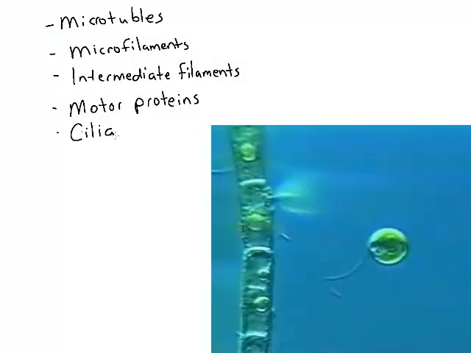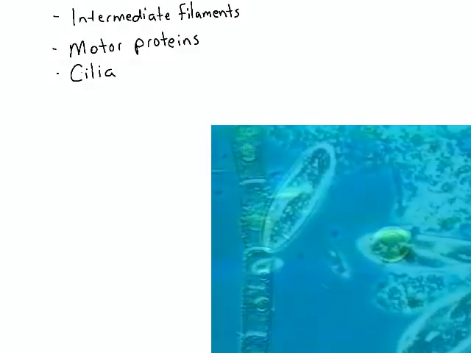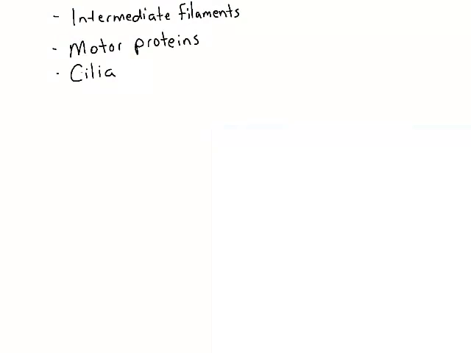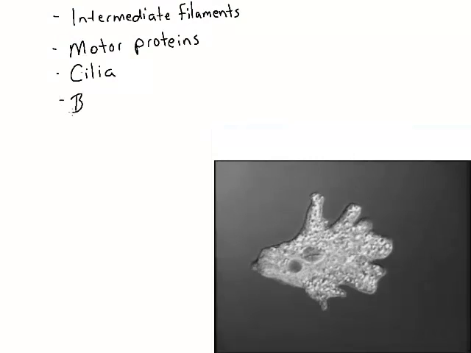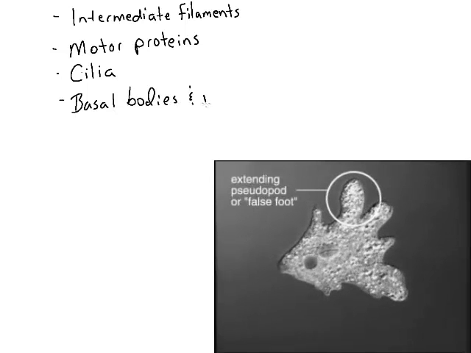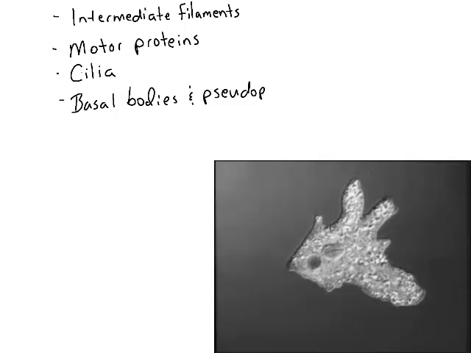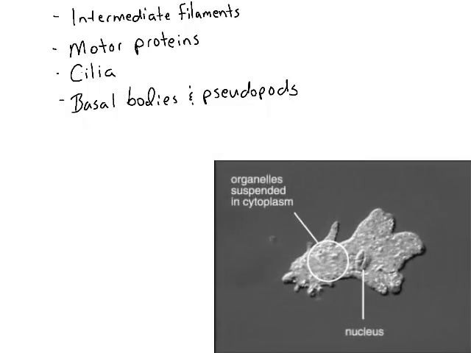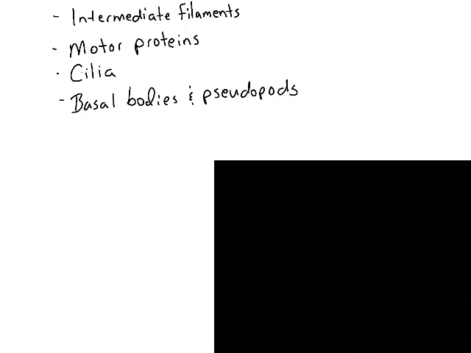Cilia are short hair-like structures that project from the surface of some cells and allow them some degree of motility. Basal bodies and pseudopods, or false feet, are two structures that also give the cells mobility. Pseudopods can also be used to engulf prey items, kind of like something from a horror movie, which is pretty cool.